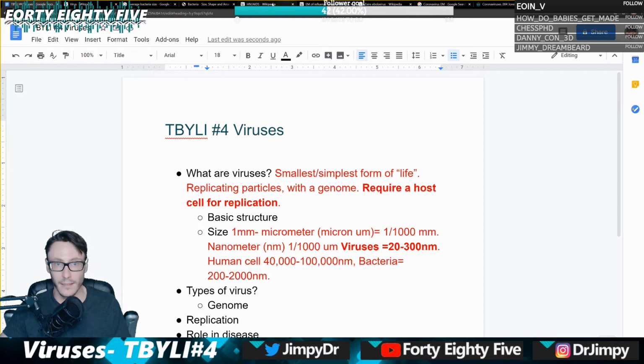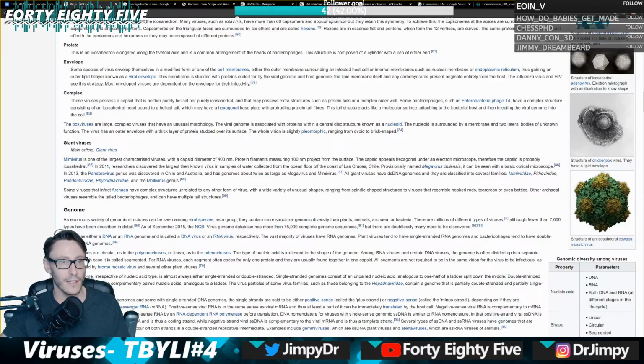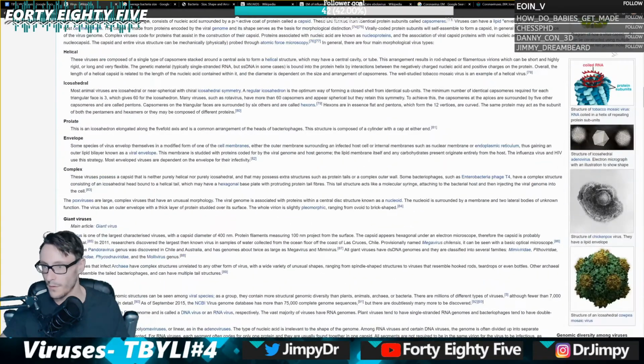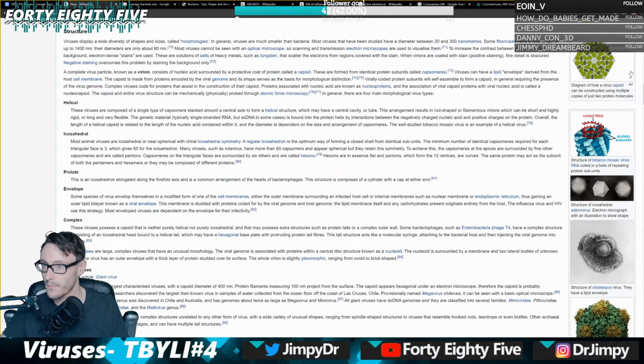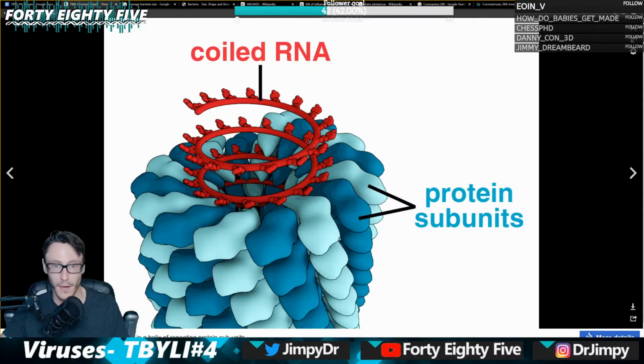And right, now we have to talk about that basic structure. I've effectively stolen this from Wikipedia because they have good pictures. But you can think of a virus, in the majority of cases, as a piece of genetic material, either RNA or DNA.